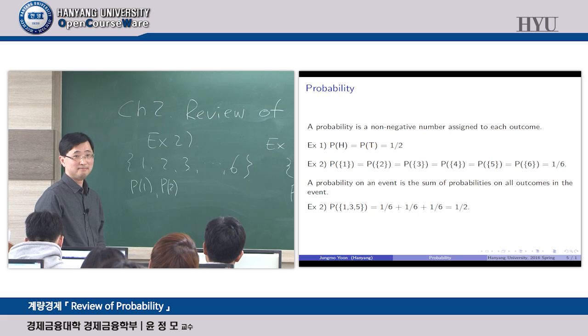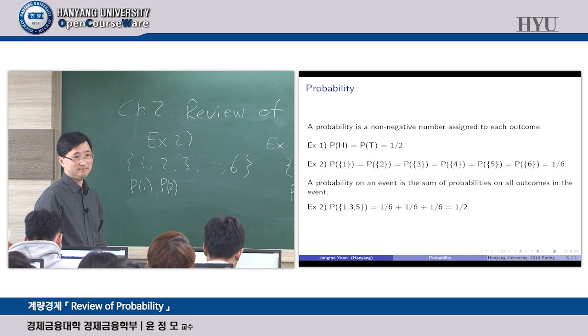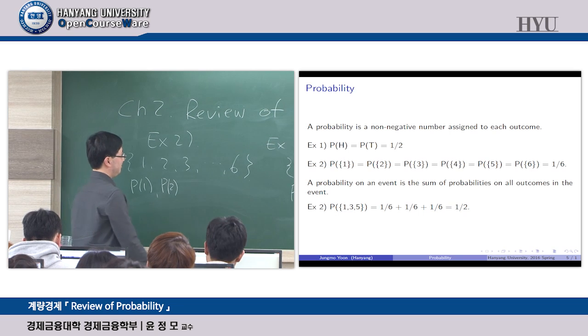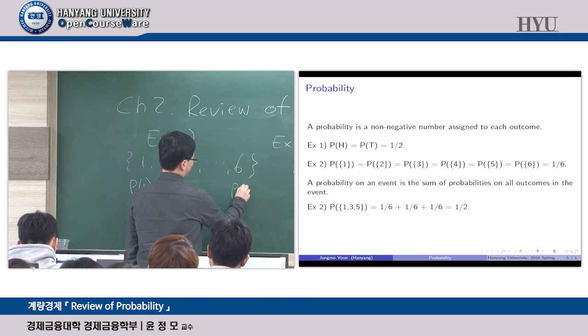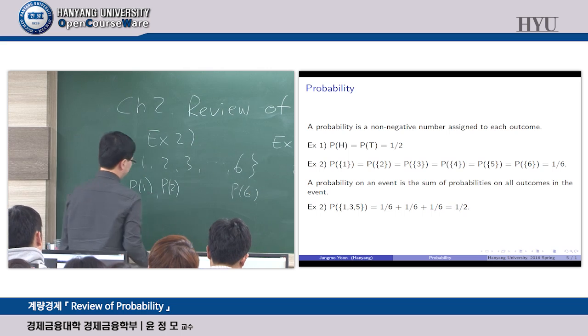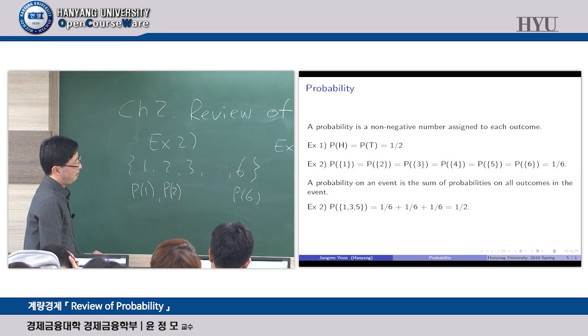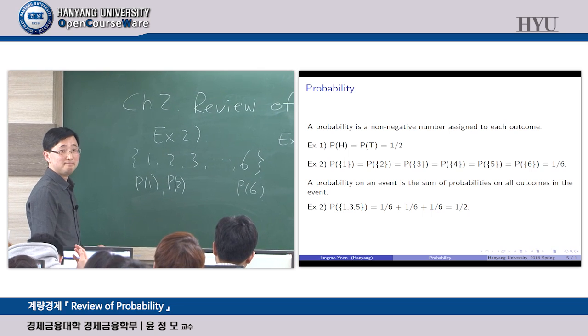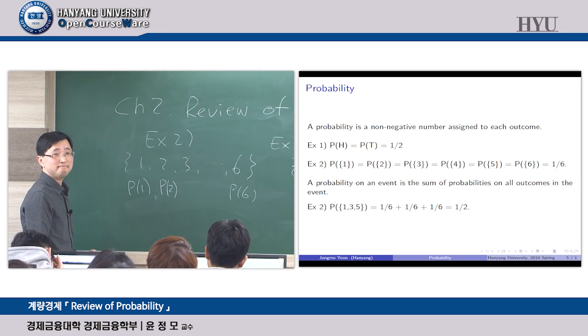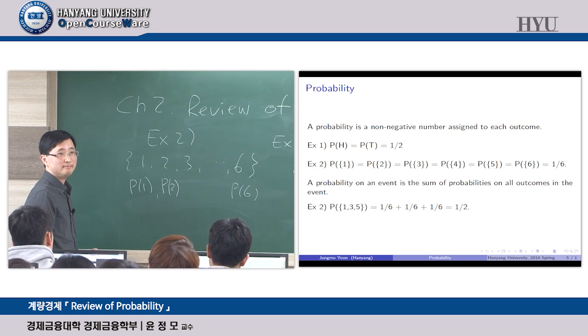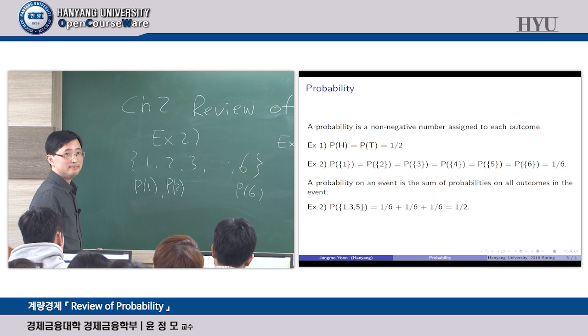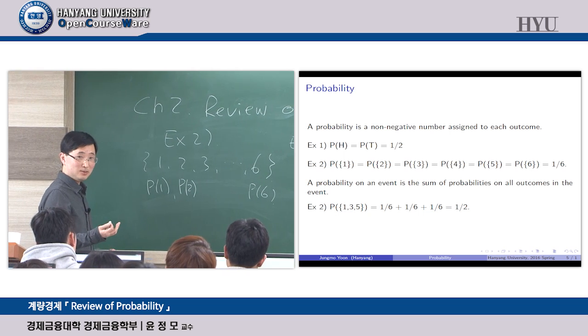0.1, 0.15... So we need 6 probabilities. Any idea? It's a balanced dice, right?